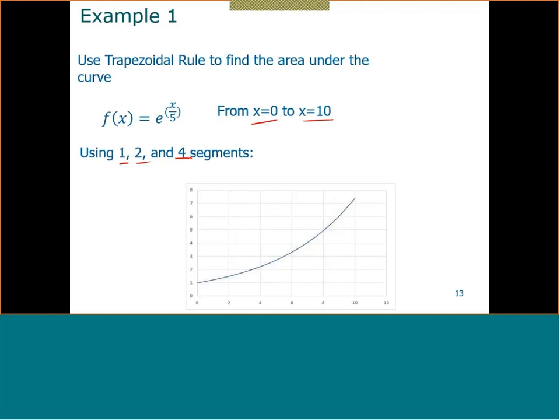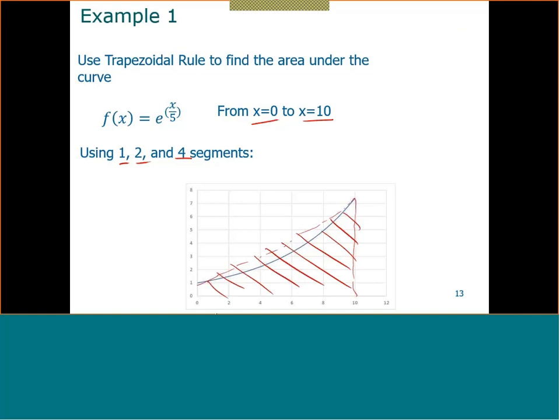So for n equal to 1, this whole area will be one trapezoid, the whole thing. So you expect clearly that the trapezoid will have a significant error, and the approximation will be higher than the actual, and we will verify this.